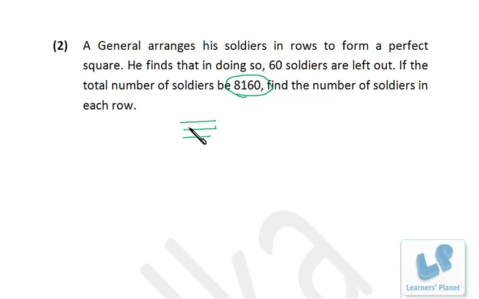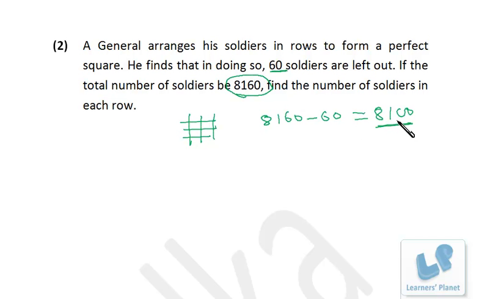Because the number of rows and the number of columns are the same, only then can a perfect square be formed, right? So in this case, 60 soldiers are left out. That means this number is 60 more than a perfect square number. To get a perfect square number, what I'll do, I'll deduct 60 from it, so I'll be left with 8100.